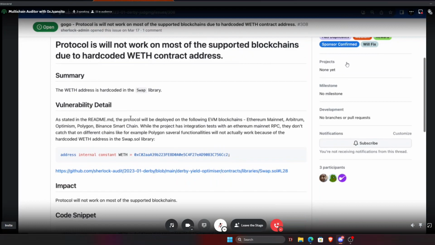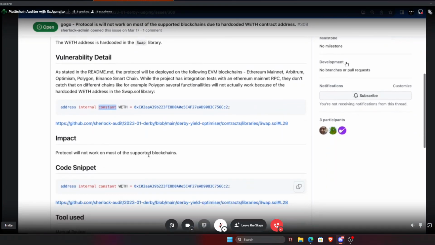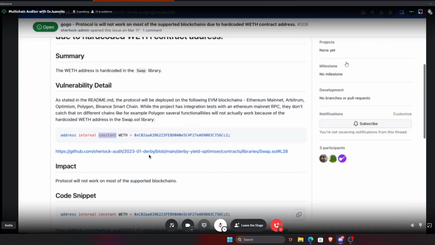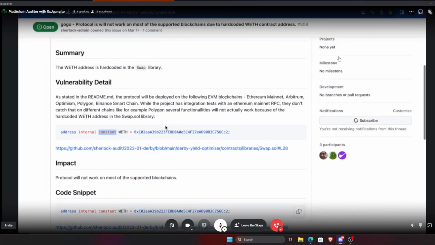So this seems like a kind of silly mistake, but if you are working on multiple chains, you might want to check this. Instead of putting some constant value for it, maybe you can add it in the constructor or initialize function, and provide a specific address when you're deploying on each specific chain.